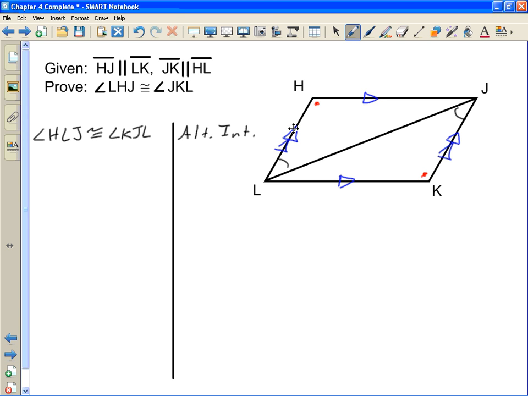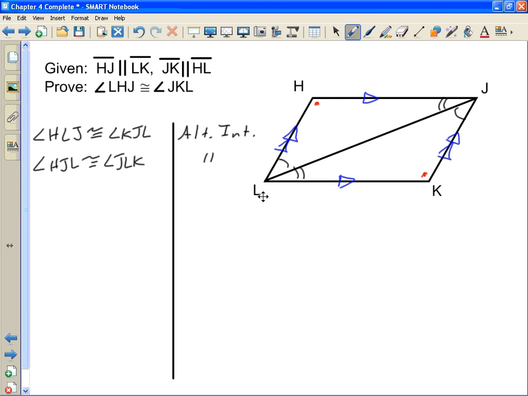I could also say, okay, so that's using these parallel lines. If I use the top and bottom parallel lines, then my alternate interior angles are going to be these two. So I could say HJL is congruent to JLK, also by alternate interior.